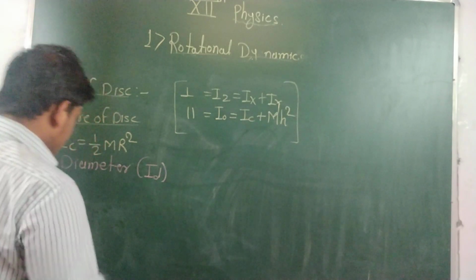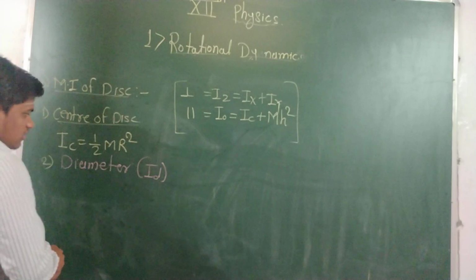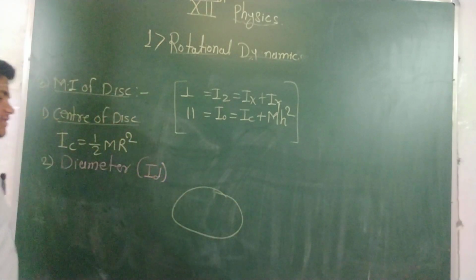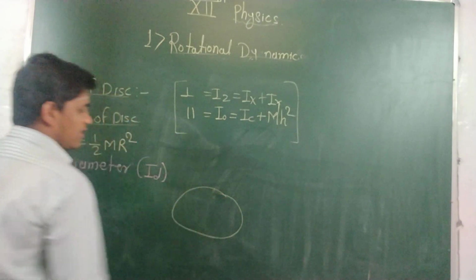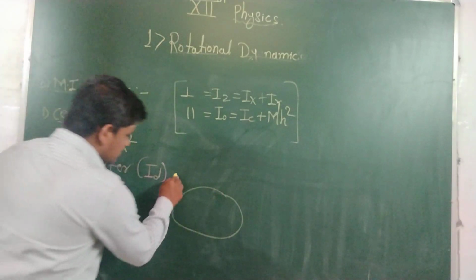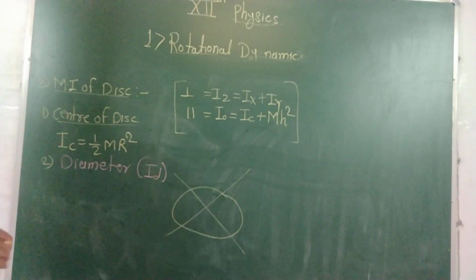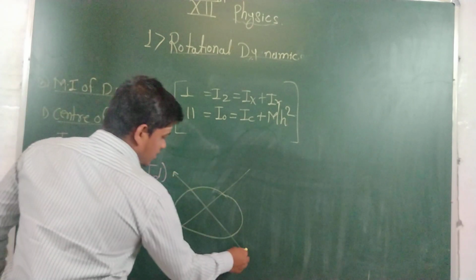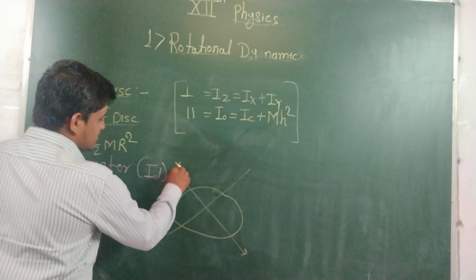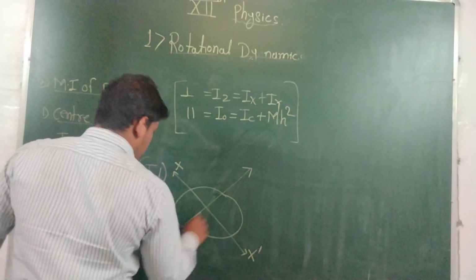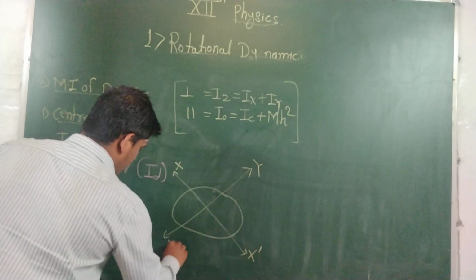Let's draw a diagram here. Consider this is our uniform disk. It has two diameters, diameter 1 and diameter 2. One diameter has its axis along x and x dash, and the other diameter is y and y dash.